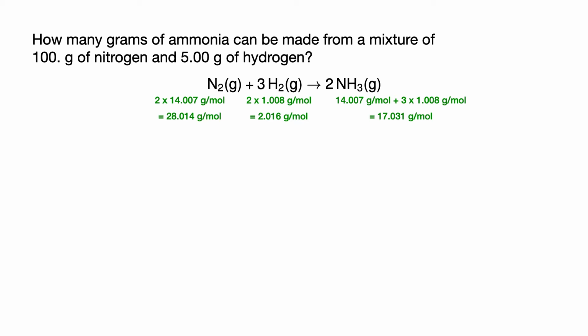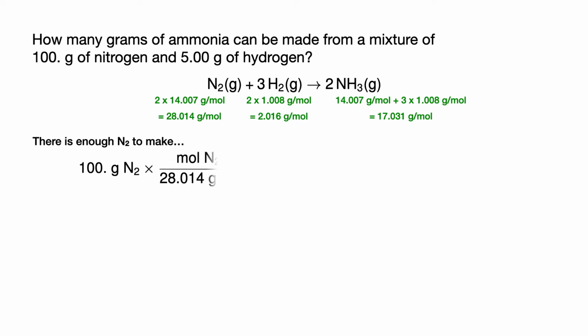Okay, so now we can work out how much ammonia we could imagine getting from each of the two gases individually. So we have enough nitrogen to make a certain amount of ammonia, and we'll find that out by taking 100 grams of N2, converting that into moles by multiplying by 1 mole of N2 per 28.014 grams of N2, so that the grams of nitrogen cancel.